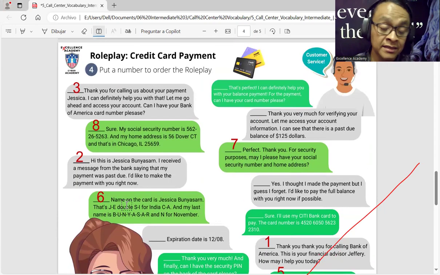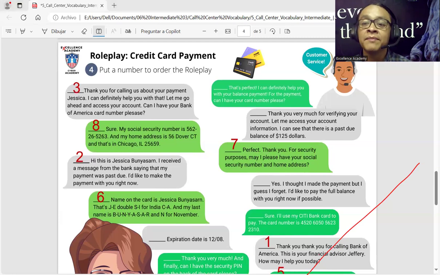The customer says, sure, my social security number is 562-265263, and my home address is 56 Dover Court, in Chicago, Illinois, and the zip code is 25659. So that's the verification information.